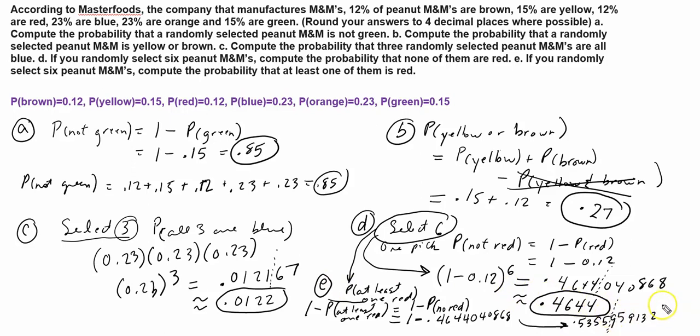So the answer to part E, I might put it up here, is going to be 0.5356. Because what they asked you for in E was the complement of what you were asked for in part D. Okay. So that completes all of those, and that finishes the video, and thank you for letting me help you.